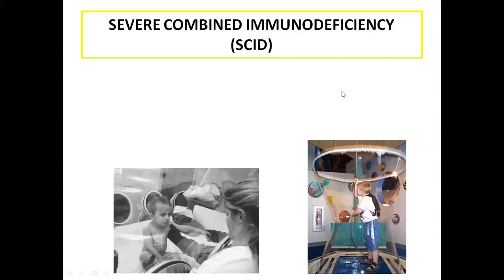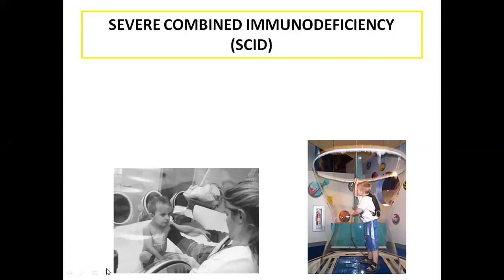They come to combat or resist the infections. Since these children are deficient in white blood cells and immunoglobulins, they are more prone to get infections. So they are kept in an isolated environment so that they cannot catch contagious infections, bacterial or viral, from the surroundings. That is how they are being treated.